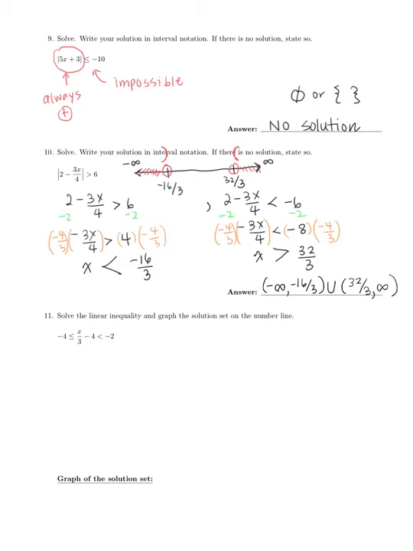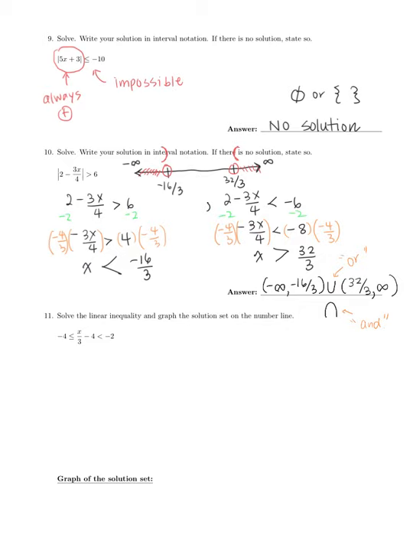Now the union sign means or, okay? And if you have it the other way around, if you have this upside down U, this means and. So maybe I should write that down, huh? This U means or. And if you have the upside down U, then this is and. Anyways, so that is going to be our answer.